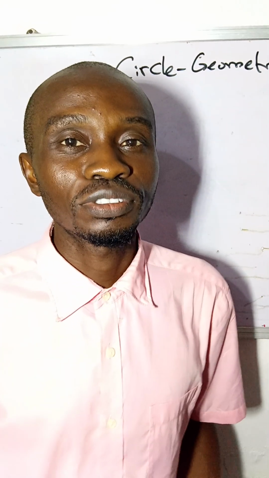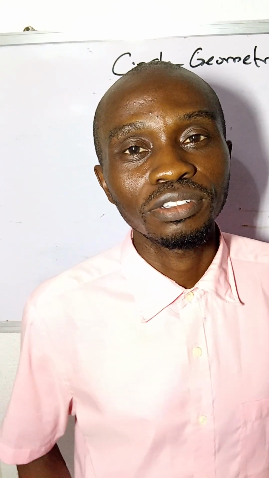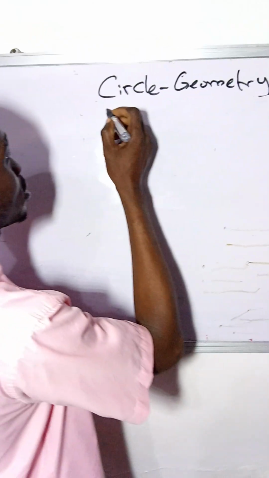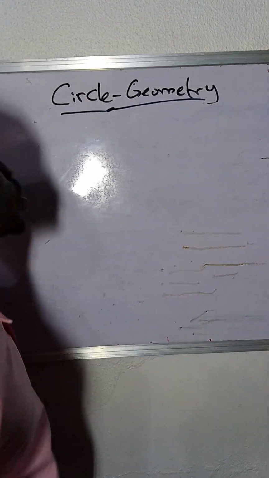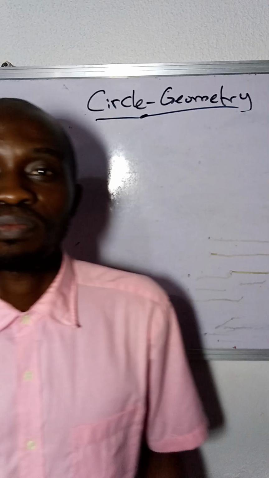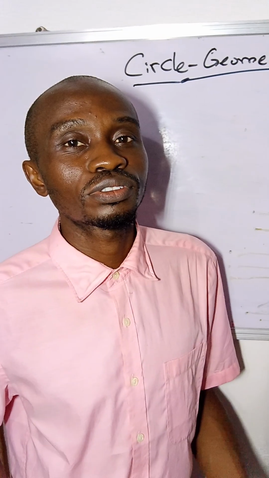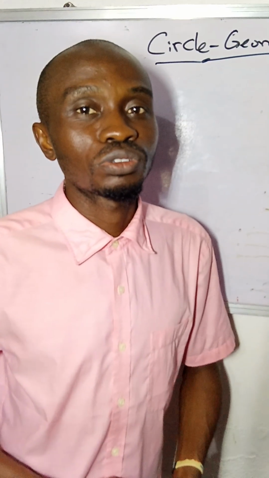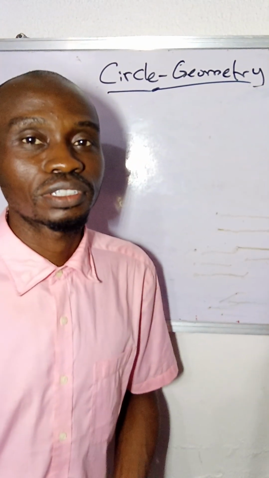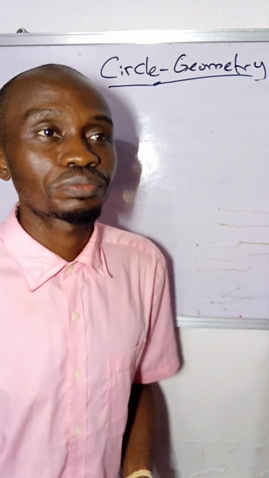Alright, what we'll be doing today is what I love to teach, that is circle geometry. If you hear the word circle geometry, it means something that involves shapes and properties, also involving lines alongside it.